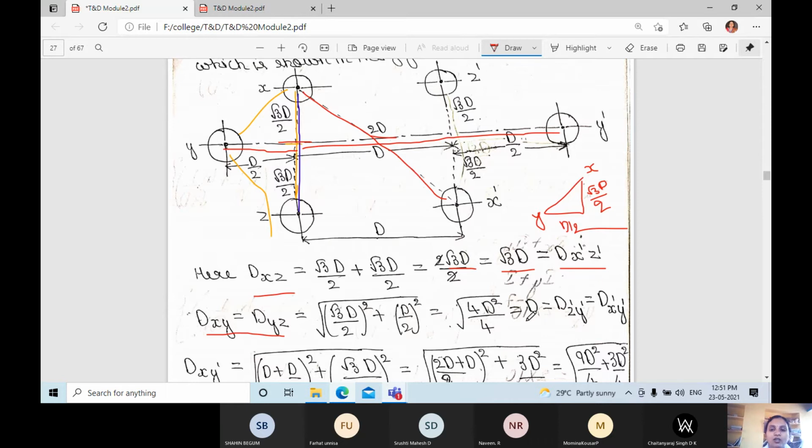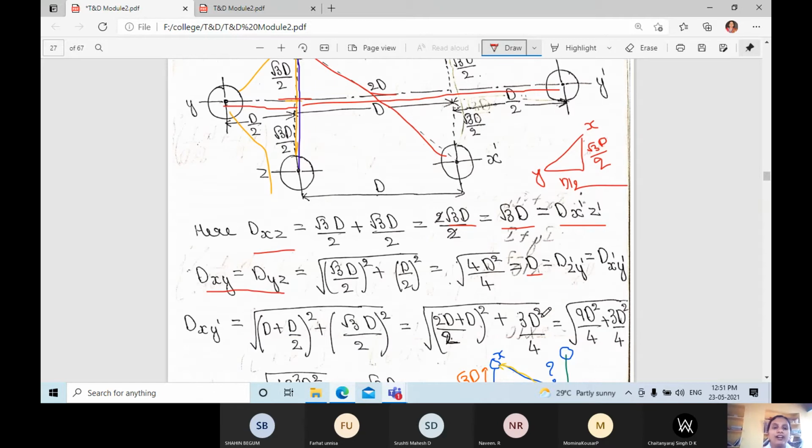You will get 4d square divided by 4. The 4 gets cancelled and you will get d. So d is the distance between x and y and z, or between x dash and y dash, and between y dash and z dash. For all of these the distance is d only.